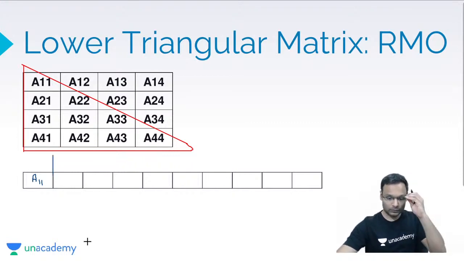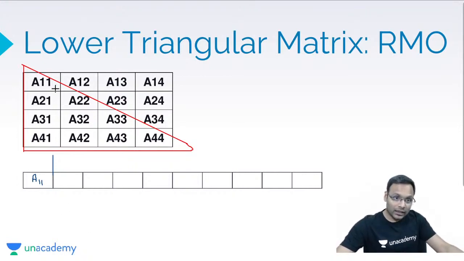A11. That's it. The second row has two elements, A of 21 and A of 22. Second row done. Then the third row has three elements, A of 31, 32, 33.